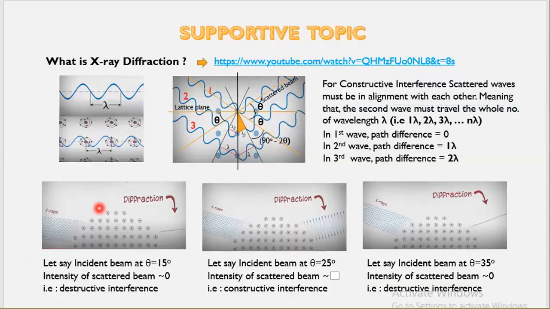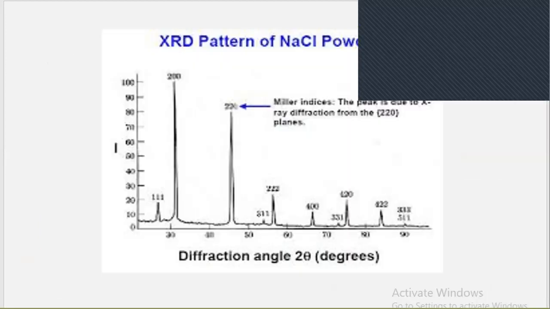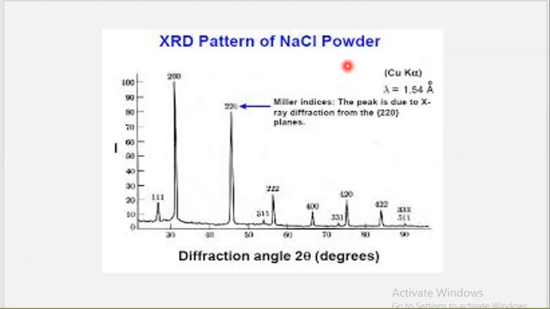So it all depends on the incident angle. In the experiment, for some angles there is destructive interference and for some angles there is constructive interference. So this is a kind of XRD pattern obtained from sodium chloride salt.